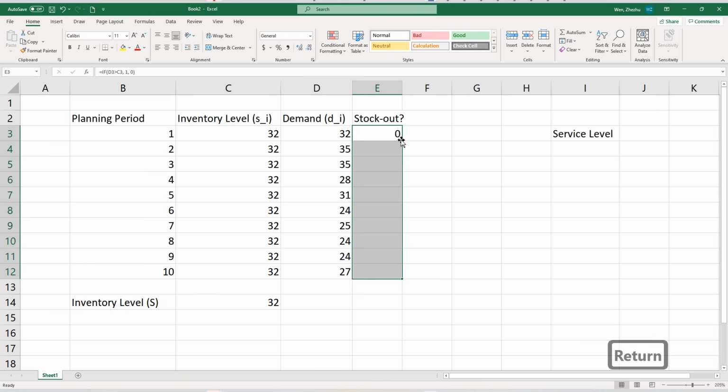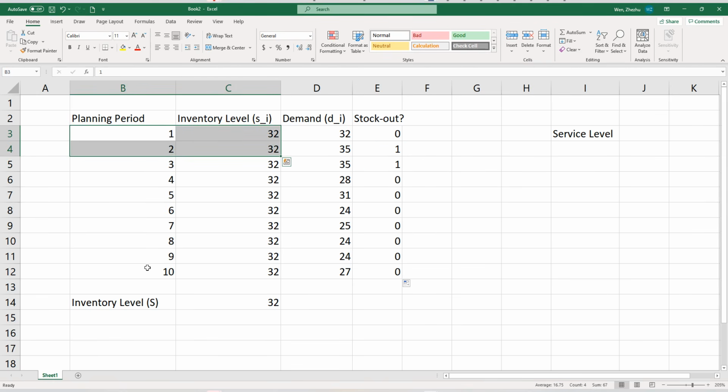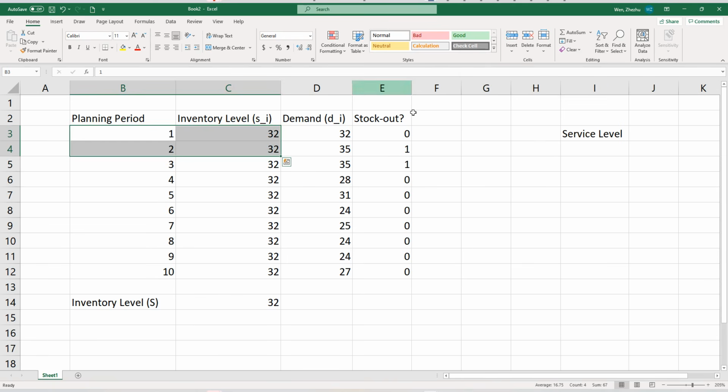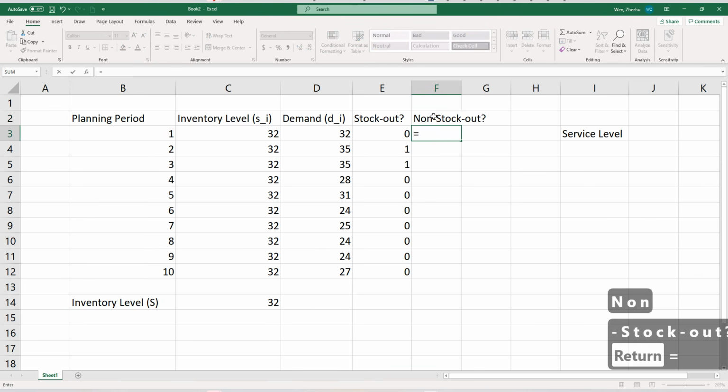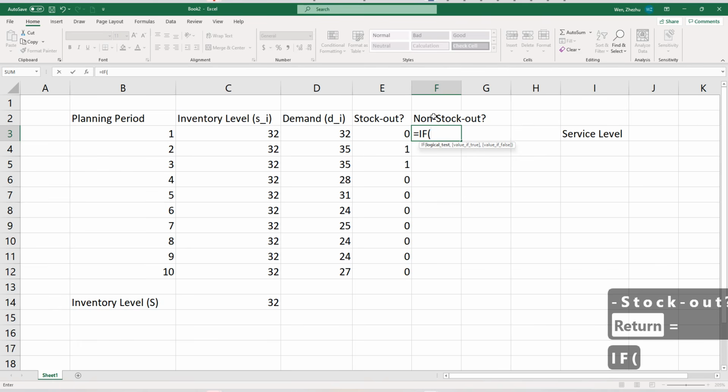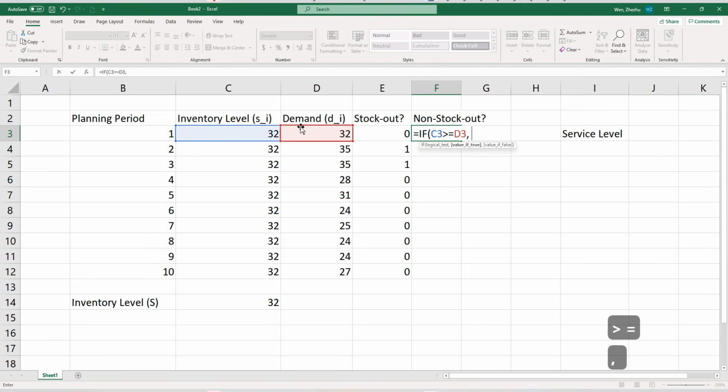I'm going to double click to fill the rest. We only had 2 stock outs in this 10 planning period simulation. We can do the same for non-stock out. If the inventory level is greater than or equal to the demand, that's when you would have a non-stock out.